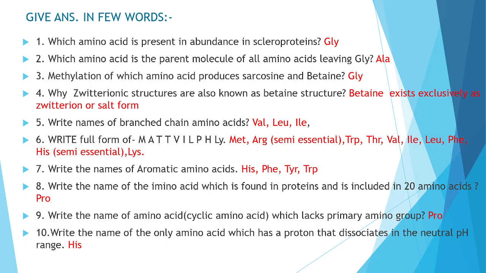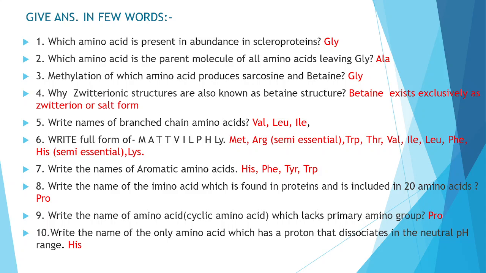That is, these are essential in infants, and later on these are not very much essential. Under certain conditions they might be essential. Write the names of aromatic amino acids: histidine, phenylalanine, tyrosine, tryptophan. Write the name of the amino acid which is found in proteins and is included in 20 amino acids.